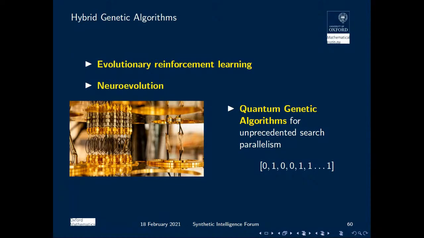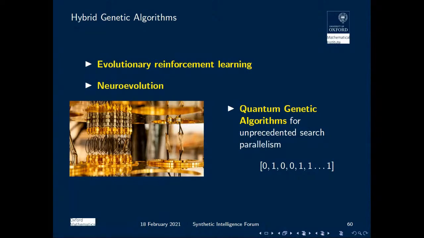An immense possible perspective, and I watched with great interest the previous talk in this series on quantum computing, quantum optimization, and a great possible future for GAs is actually quantum genetic algorithms. People have been talking about this for quite some time now, but maybe now you can actually see it coming. The idea would be, if you retake our binary string of 0s and 1s, we are quite efficient with the GA at scanning very large spaces, so many different elements.